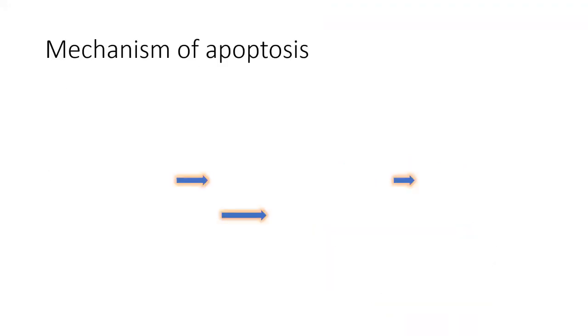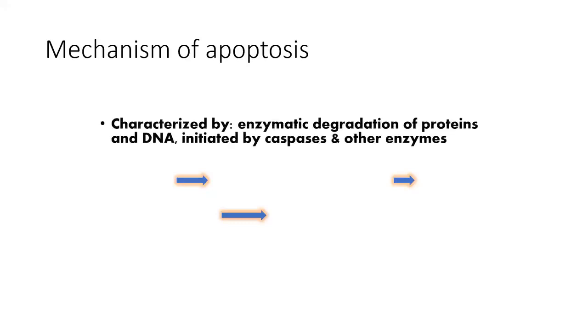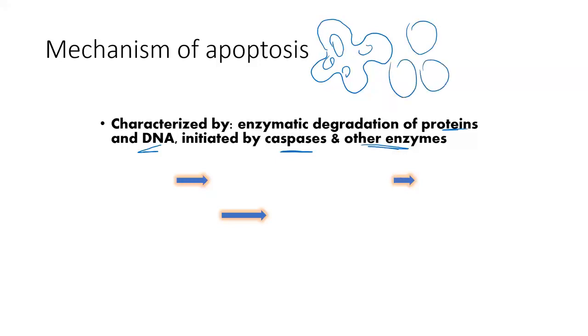The mechanism of apoptosis. To reach this target, what do we need? It is characterized by enzymatic degradation of proteins and DNA initiated by caspases and other enzymes. So apoptosis, to reach the convolutions, the karyorrhexis, and the appearance of apoptotic bodies containing part of the nucleus and a few organelles like that, okay, this needs what?